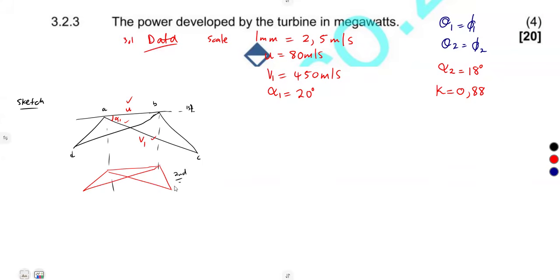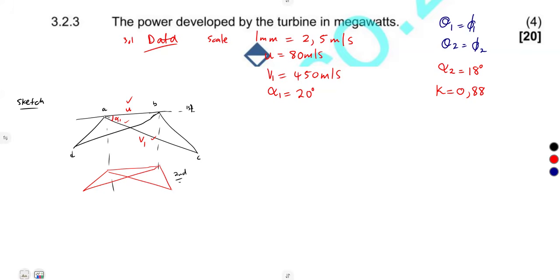According to the information that we are given, I'm going to focus on the constructions, guys. Like I said, it is easier for us to work from the first diagram.